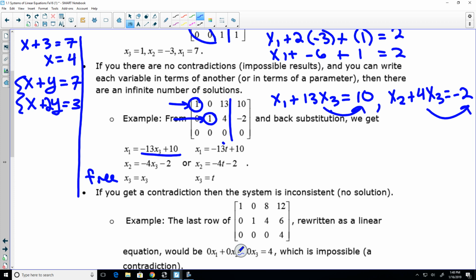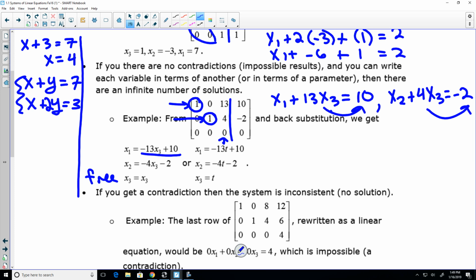And this column doesn't have one of those leading ones. So if a column doesn't have a leading one in it, or you can't get one in it, then that's a free variable. So the third column, that's the coefficient of x3, so x3 is our free variable. I can't manipulate this matrix and get a leading one.